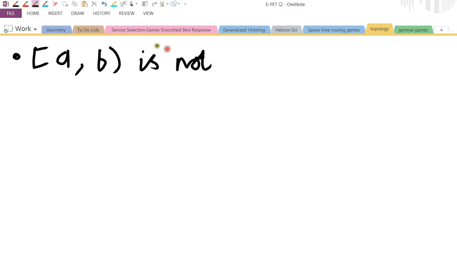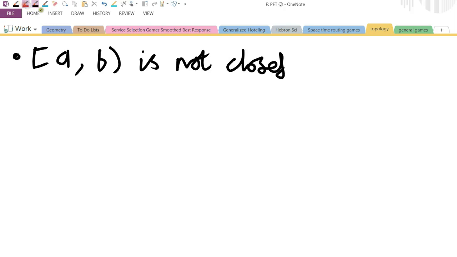Okay, so proposition A has some very powerful applications. So just to list a few, suppose for example that we wanted to prove that this set here, the set of all integers greater than or equal to A and less than B, is not closed. So how can we prove that quickly? Well, we can prove it very quickly using proposition A, because proposition A says that a set is closed if and only if it contains all its own limit points.